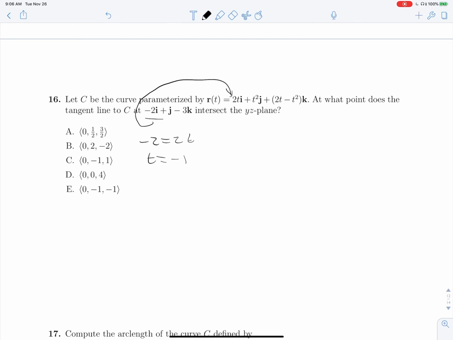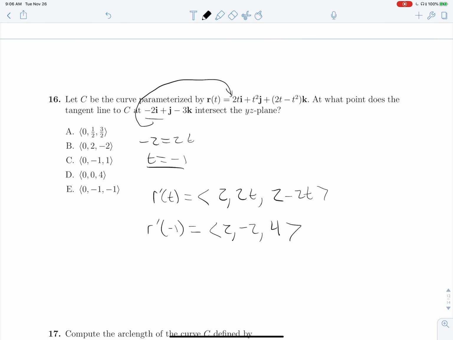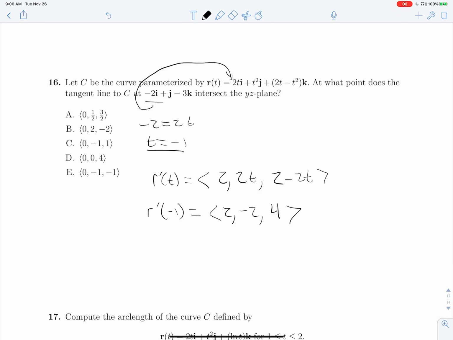So at t equals negative 1, we can find our r prime of t, and that will give us the slope of our tangent line. So r prime of t is just going to be 2t, 2 minus 2t, which when we evaluate at t equals -1, so r prime of -1 is 2, -2, 4, which is perfect because now we have a full parametrization for this tangent line.